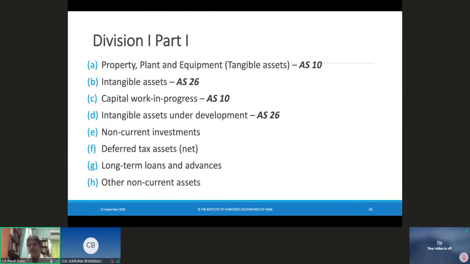Presenting it in absolute figures is no problem, but it can be rounded off this way as defined in Schedule 3. And if the turnover is 100 crores and above, then it can be rounded off to the nearest lakhs, millions, crores and decimals thereof. Generally 2 decimal places can be used. All right, so that can be kept in mind. And it should be uniformly followed.